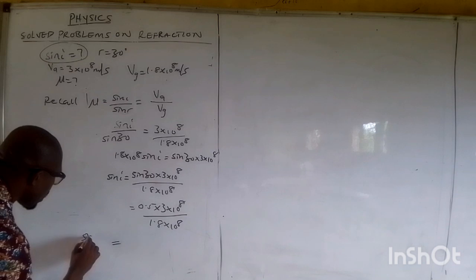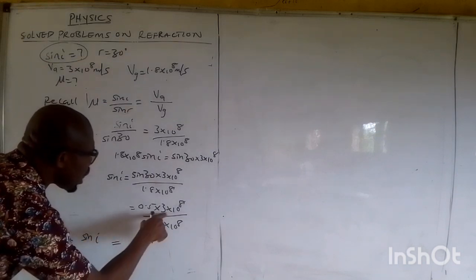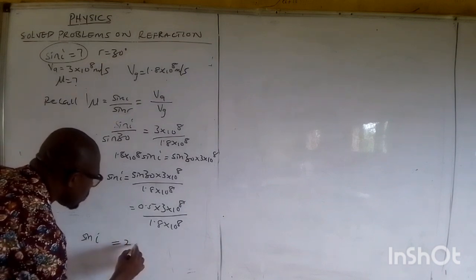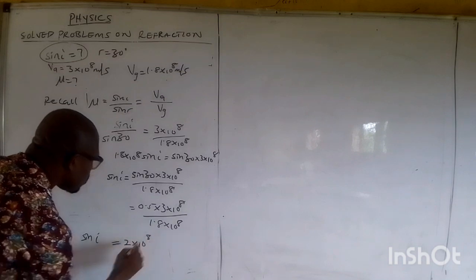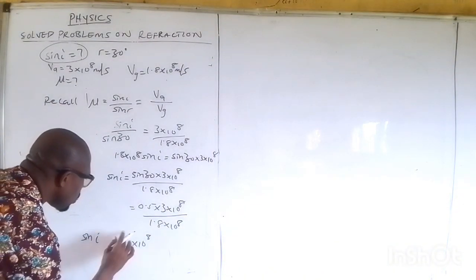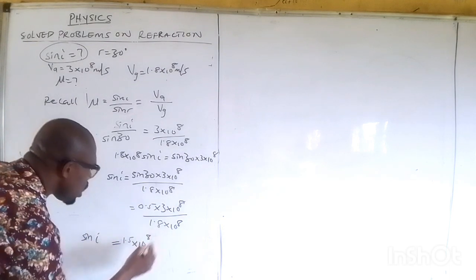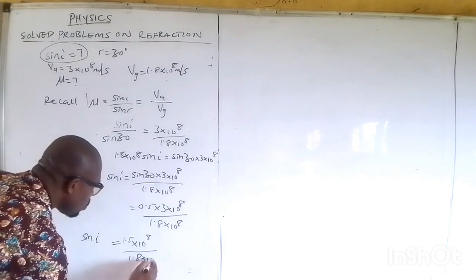Remember this is just sine I. Sine I is equal to 0.5 times 3, which gives us 1.5, times 10 raised to the power 8 all over 1.8 times 10 raised to the power 8.